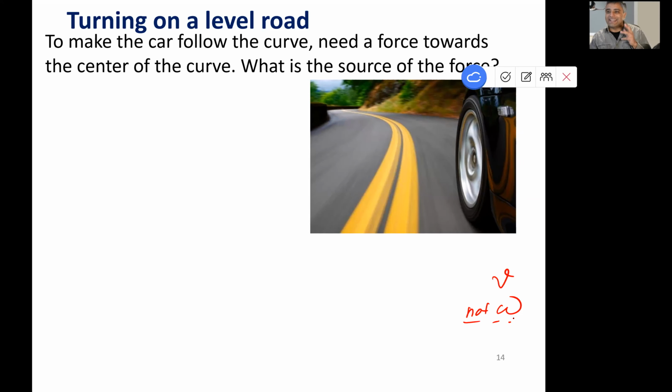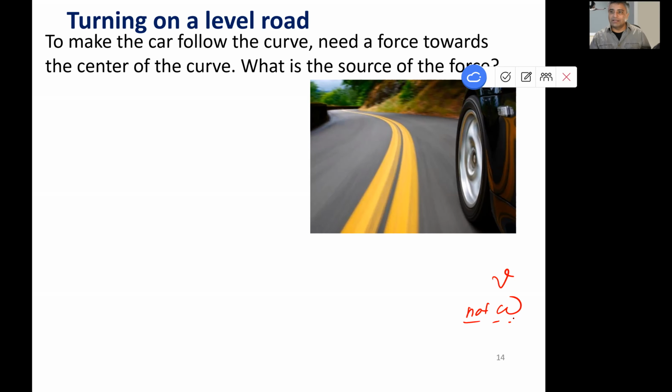There is a force acting. If the force is not there, then we cannot turn. So for example, you are driving on a road and that road happens to be a bit icy and you are going fast. You try to turn, what happens? You keep going straight. You cannot turn.